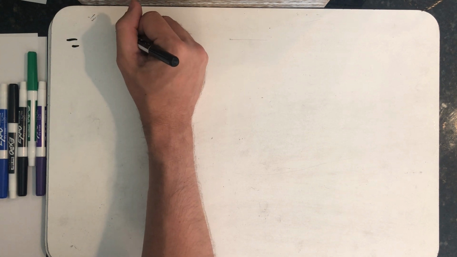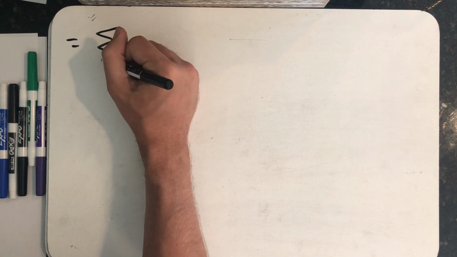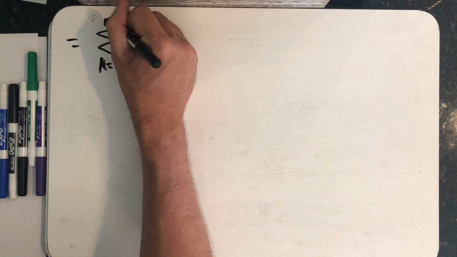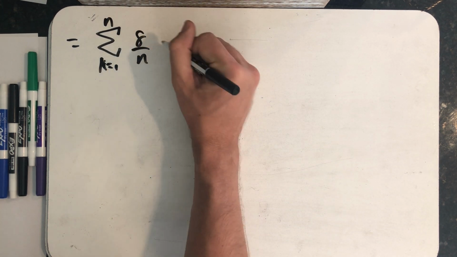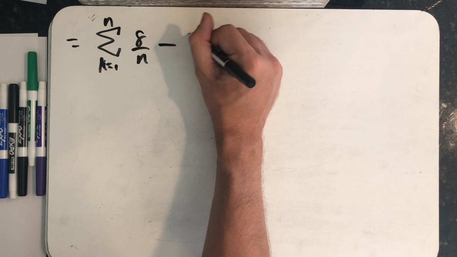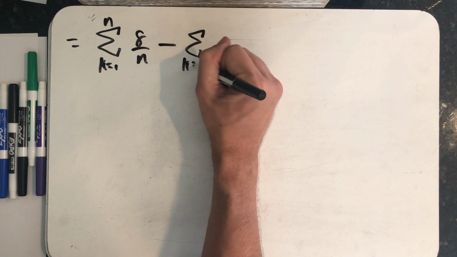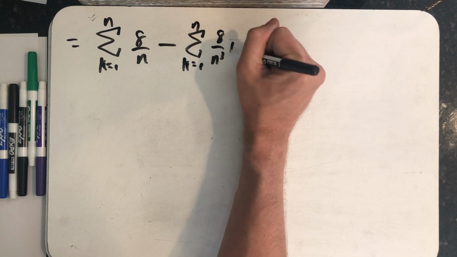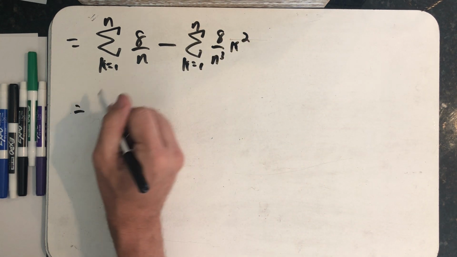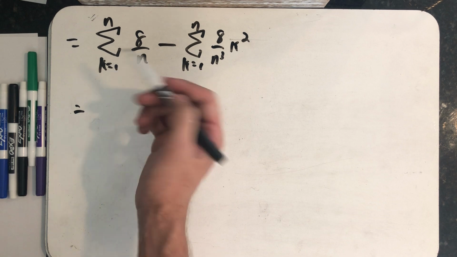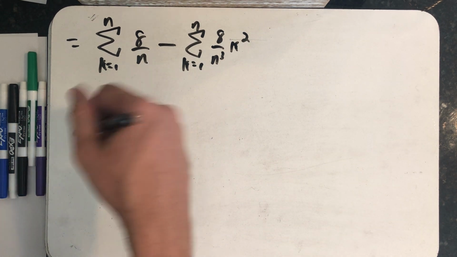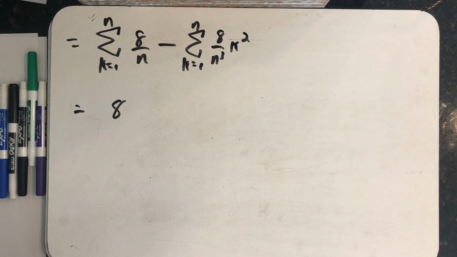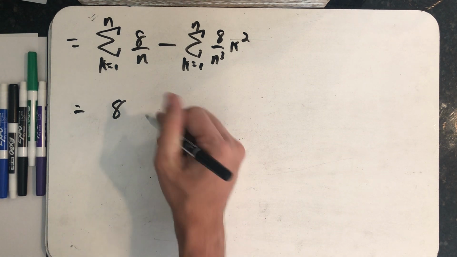So I'm going to rewrite the sum we just had as the difference of two sums. And this first sum, I'm adding 8 over n to itself n times. So n times 8 over n, I'll just get 8 using the constant rule of the sum.